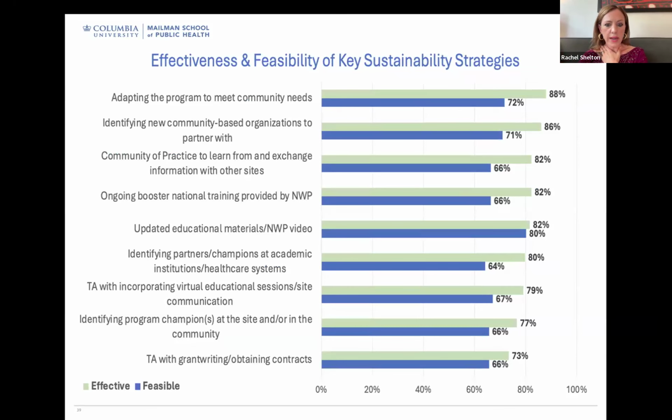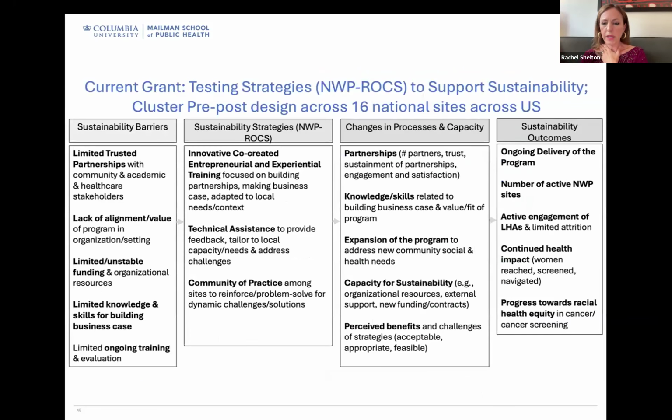Having, again, ongoing training, identifying partners or champions at academic or healthcare systems, and providing kind of technical assistance and office hours by the national leadership of the program to support it when they have issues around turnover and attrition. So these are some of their ideas in terms of what they thought would be critical to support sustainability.